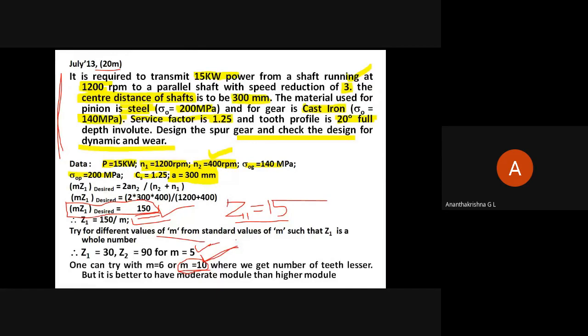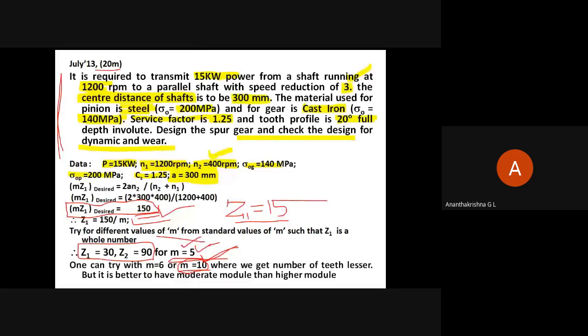To avoid that, we can use a lower module, so that Z1 is 30 and Z2 is 90 teeth with module equal to 5. Could you understand why we have taken the lesser module? From a manufacturing perspective, we need to choose a module of lesser value. Is that okay? Yes, sir. Just note down that much, then we'll continue in the next class.